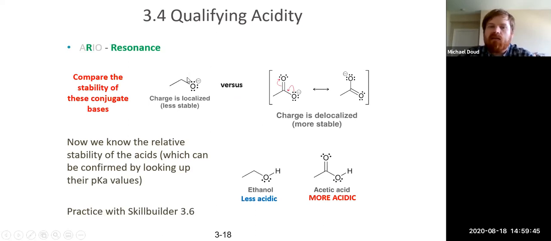When we look at the conjugate base of ethanol, that's what's called the ethoxide ion, versus acetate, the conjugate base of acetic acid, we note that for ethoxide, there's no stabilization via resonance. There's no way for these electrons to go. There's no pi bond that it can donate into. On the other hand, in acetate, this lone pair is actually in an allylic position.